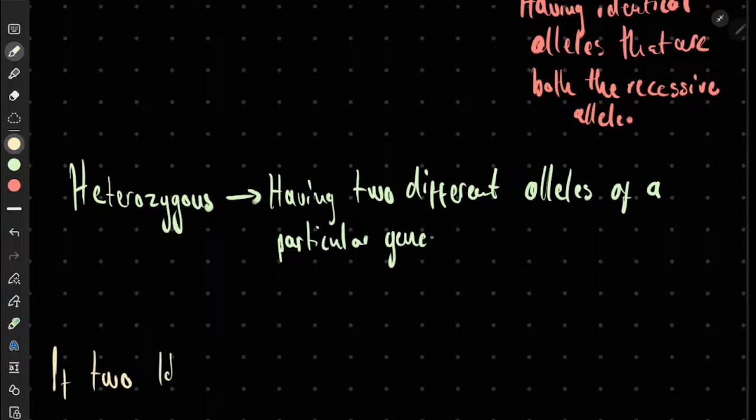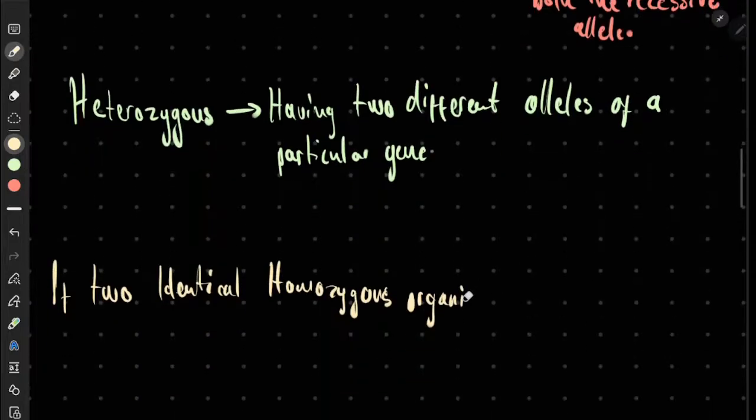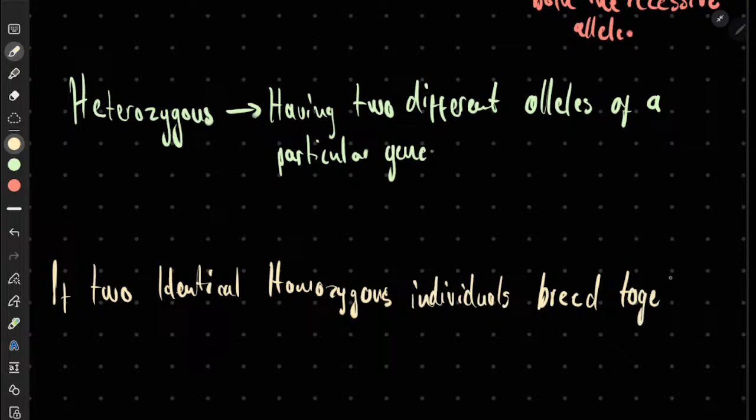Now, let me say this one. If two identical homozygous individuals breed together, if you have two individuals that are homozygous the very same way, both homozygous dominant, IA meets another individual that is also IA. So IA crosses with an individual that is also IA.